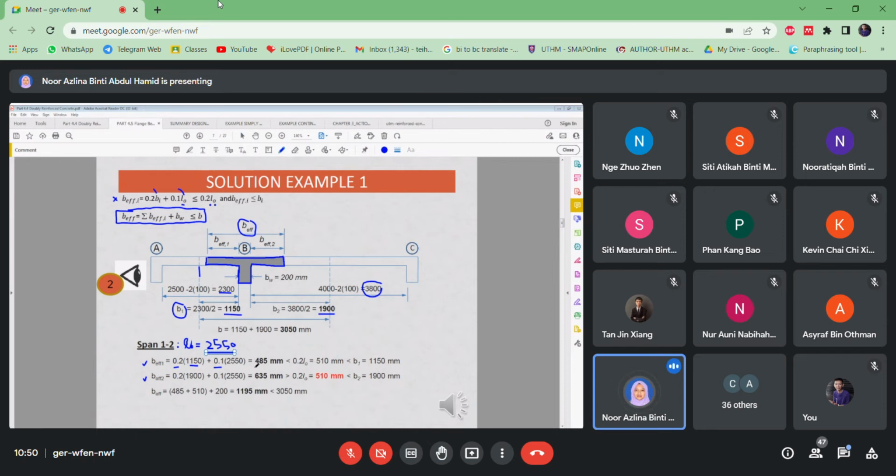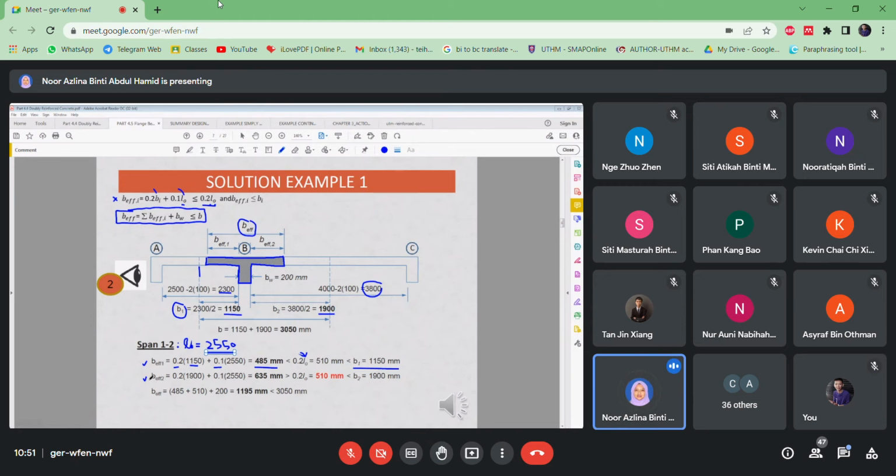Just repeat the equation, you will get 485. You need to compare. Okay, the limitation 0.2 LO, just substitute the value of LO. And then B1 here, okay, which is 1150.